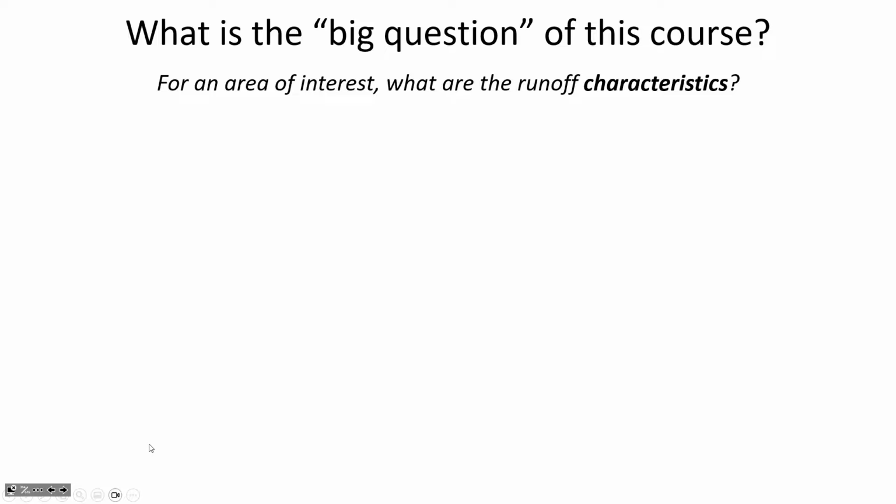So the big question of the course is, what is the peak flow rate? Or what is the runoff hydrograph? What are the runoff characteristics? The more we can account for, the more accurate our estimate is. And you may remember this principle when we were talking about time of concentration. Does anybody remember which was the most accurate time of concentration method?